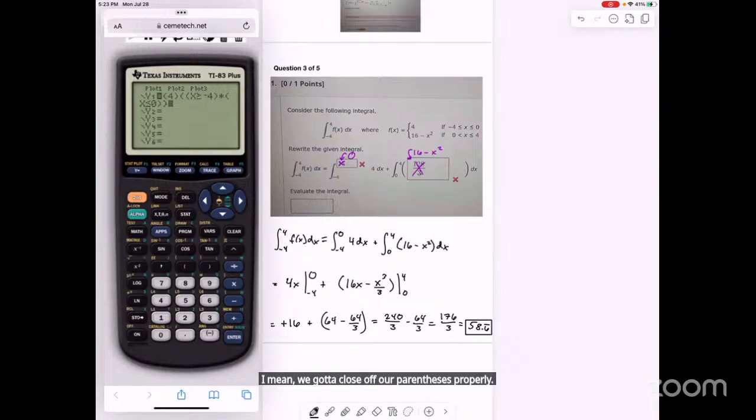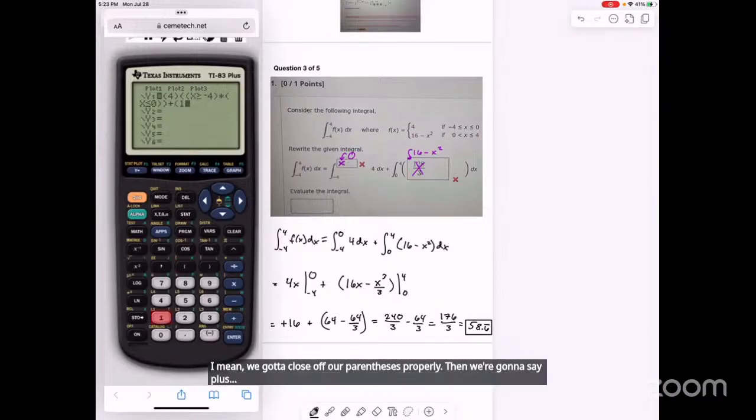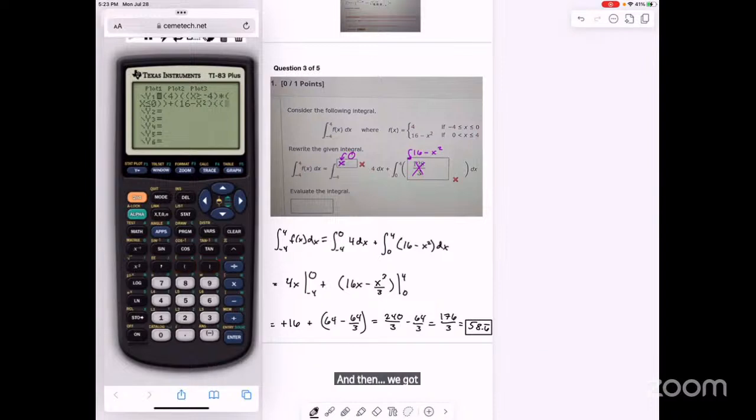Then we're going to say plus 16 minus x squared, and then x is strictly greater than 0, which is 3, times x is less than or equal to 4. So we had to break up that compound inequality.